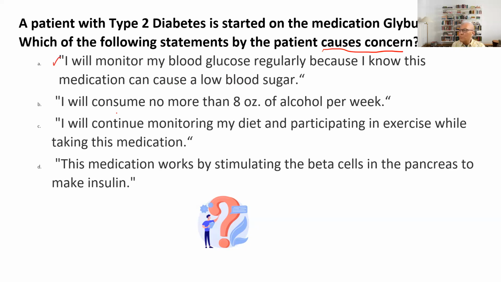"I will consume no more than 8 ounces of alcohol per week." Oh, just meal. He's going to be drinking, and so he will have a disulfiram type of reaction. And of course, the other options are also correct statements, and letter D is also a correct statement as well. So the one that is of concern is going to be letter B.